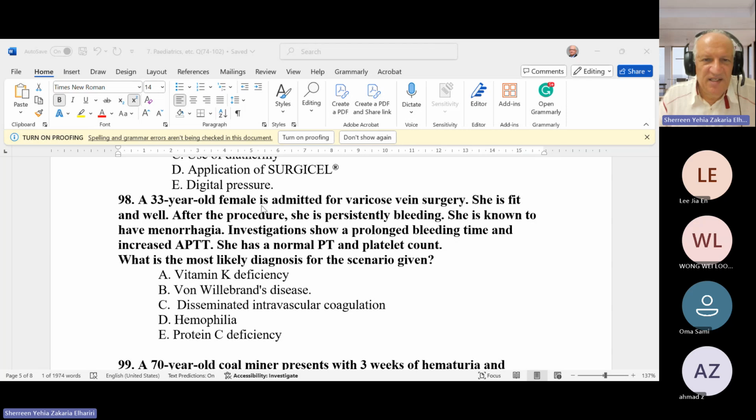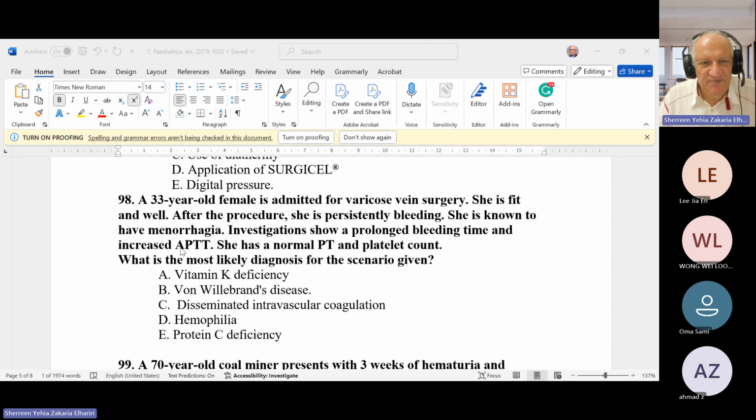A 33-year-old female is admitted for varicose vein surgery. She is fit and well. After the procedure, there is persistent bleeding. She is known to have menorrhagia. Of course, if the patient has menorrhagia, you have some bleeding tendency. Now we make investigations and they show a prolonged bleeding time. We mentioned bleeding time is 5 minutes.